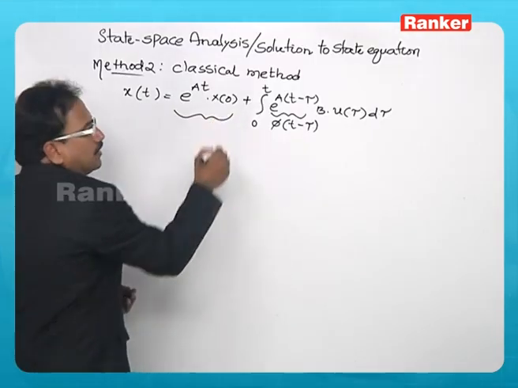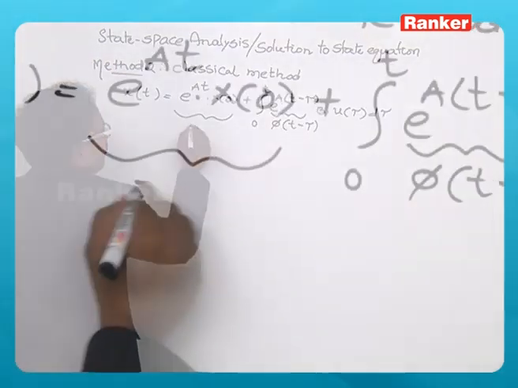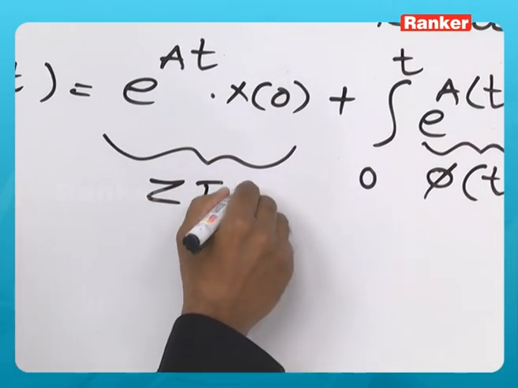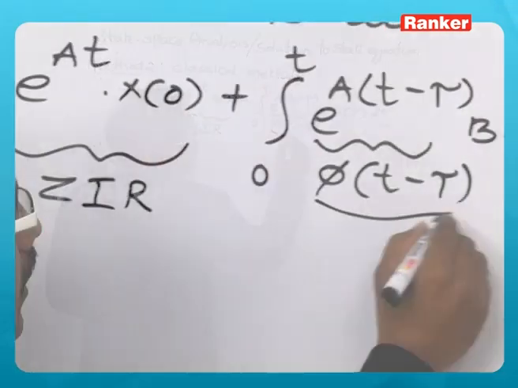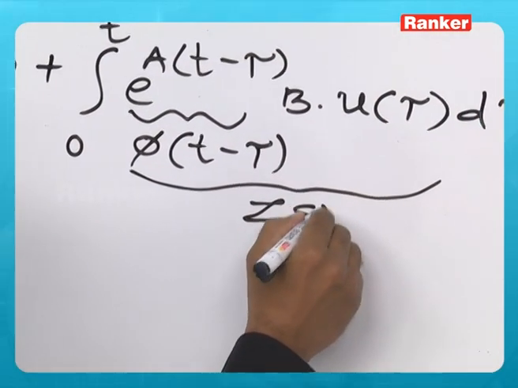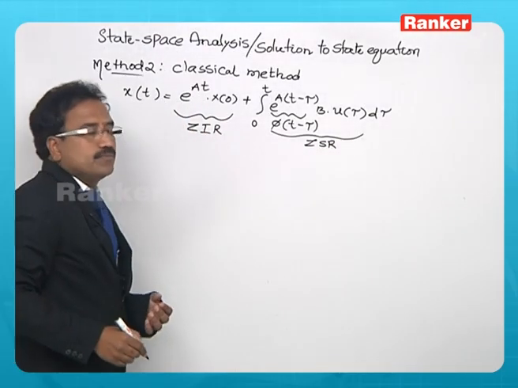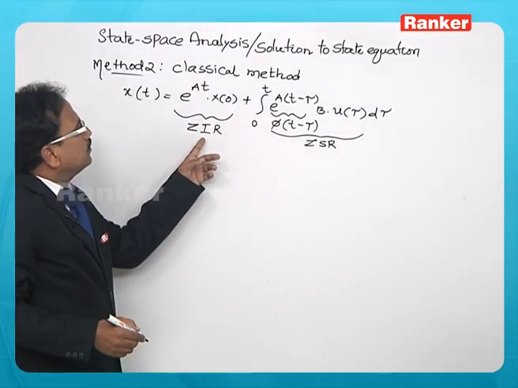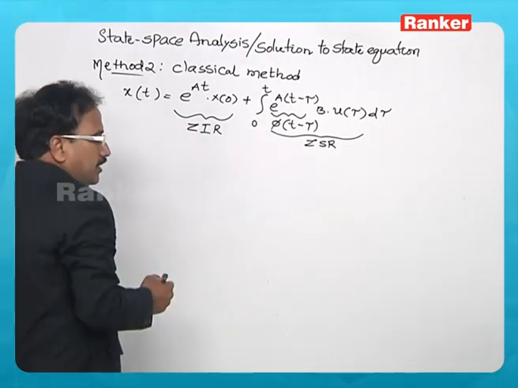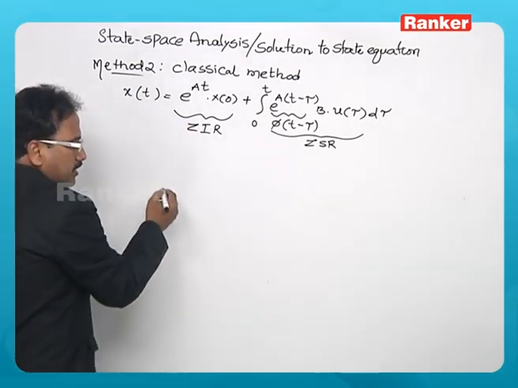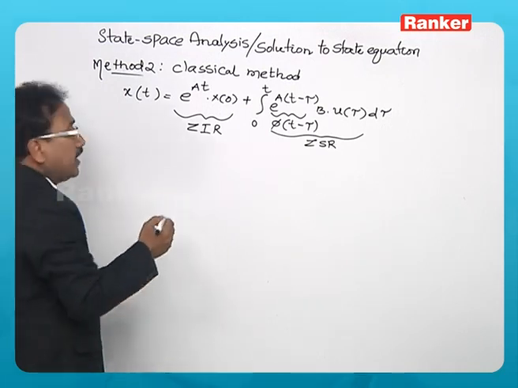The first part of the solution is known as the zero input response, and the second part of the response is known as the zero state response. This part is due to initial conditions, and here you can find e to the power At, which is known as the state transition matrix.